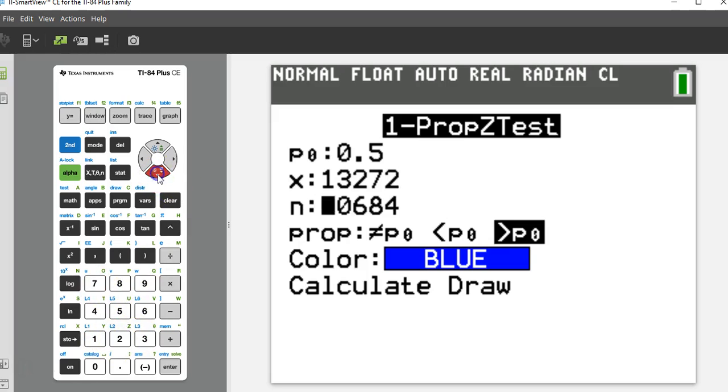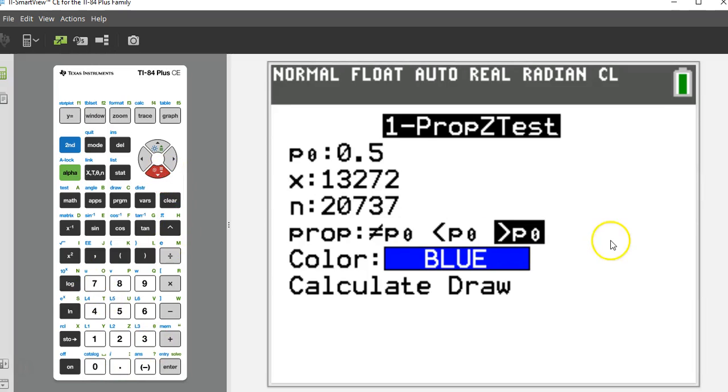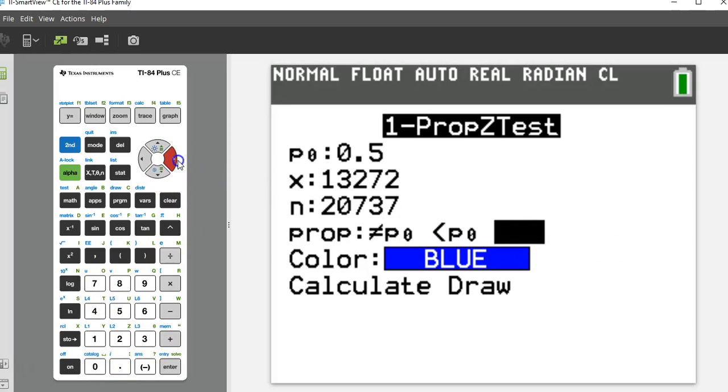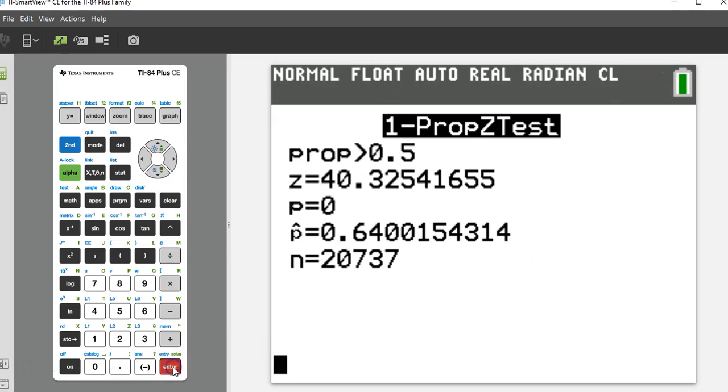The sample size was 2737. The form of the alternate hypothesis was greater than. So there's that one highlighted. And when I go to calculate, it gives me the test statistic. The z is the test statistic. It looks like about 40.3254. I hope that's enough places. And a p-value of 0.